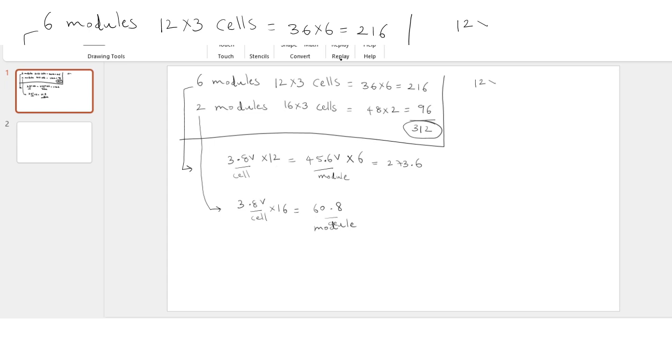This is per module. For each module, we get 60.8 volts. Thus, for the 2 modules, the overall voltage we get here is 73. So that is for 6 modules and 2 modules. Overall, we have connected the battery, and it is coming to approximately 3.6, and we are getting back. Okay.